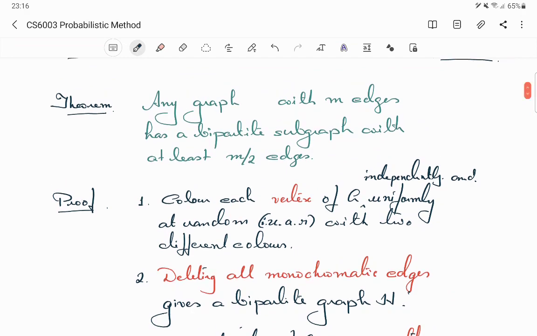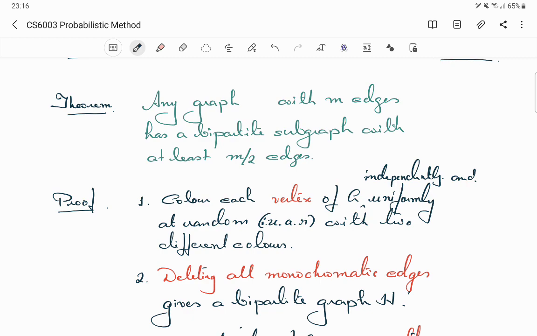Now it should be clear that once you do that, the surviving edges, if you consider them as a graph, form a bipartite graph. Why? You can think of either the second or the third definition of a bipartite graph that we gave. Once you have deleted all the monochromatic edges, all the remaining edges under this two-coloring are proper, because the endpoints of any surviving edge, any edge in H, are of different colors.